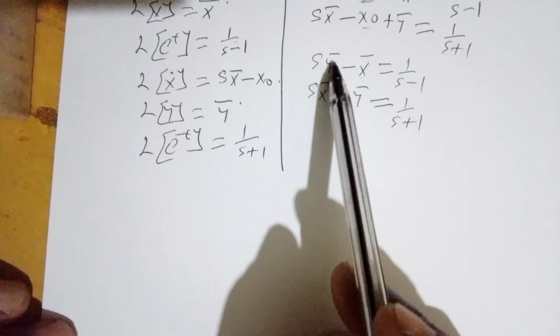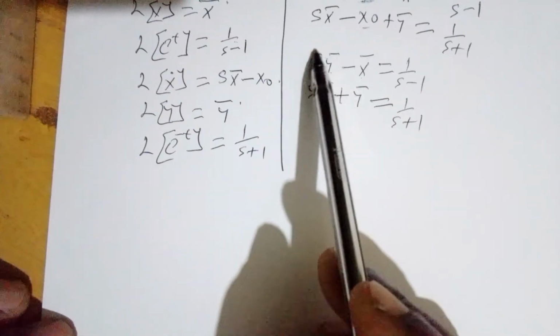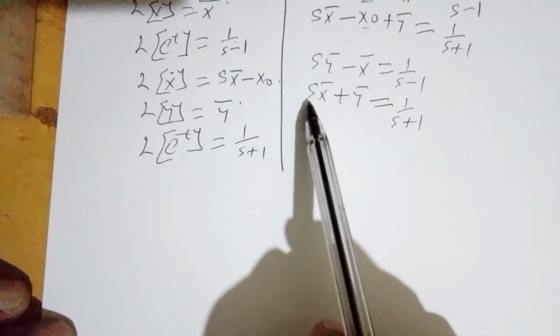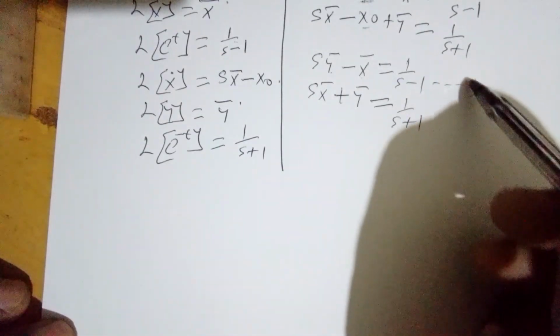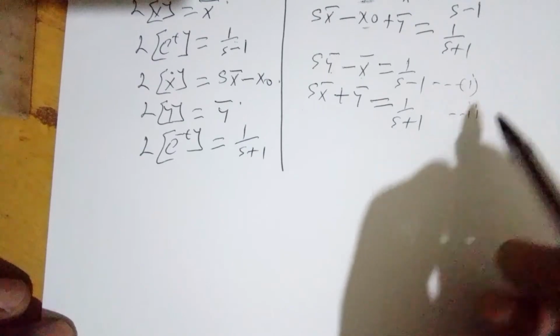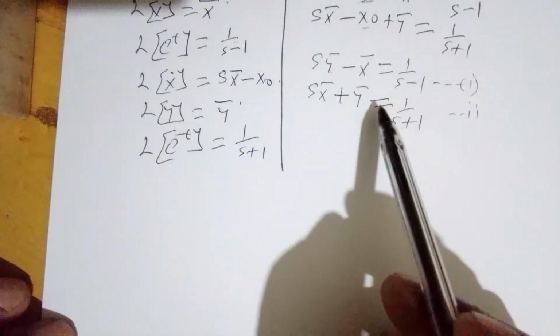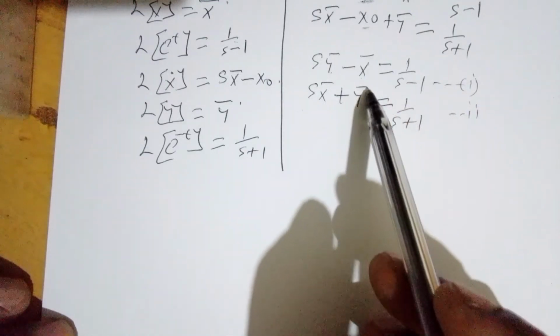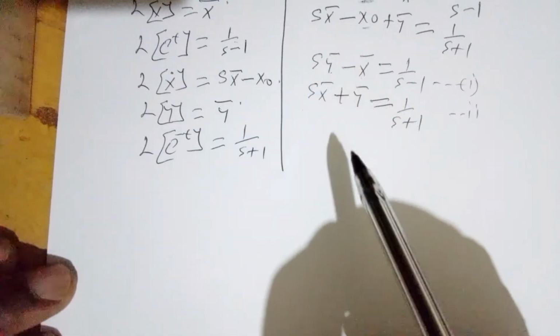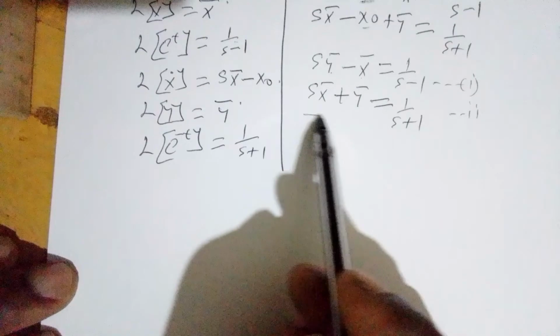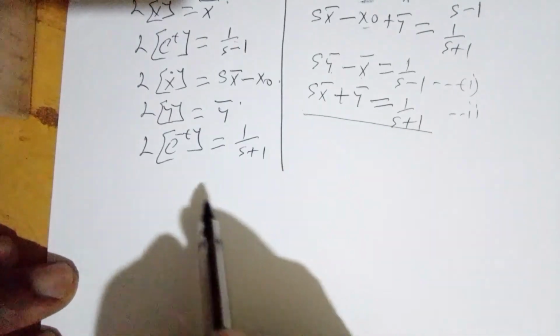So if I want to make this the same as this, I'll multiply through the second equation by s, so that this one is the same as the first, then we can subtract.